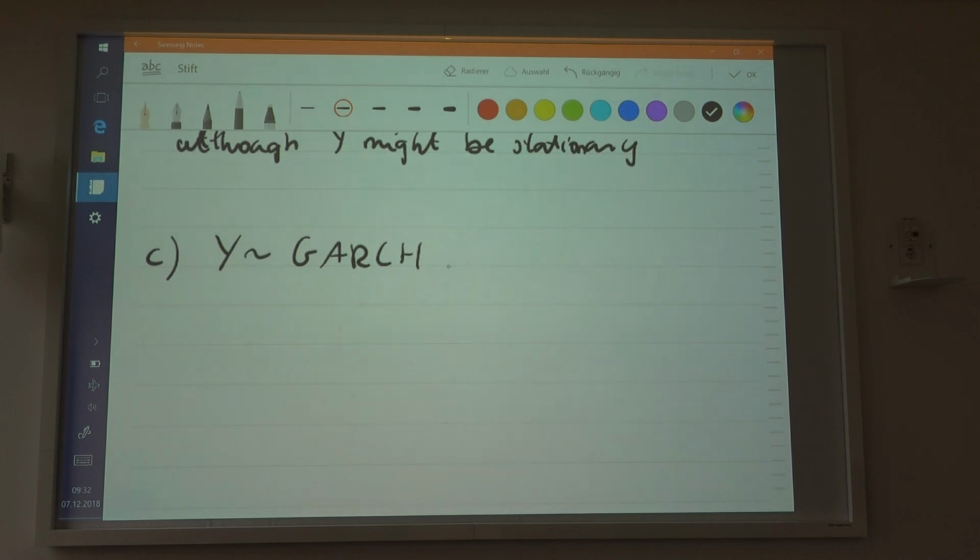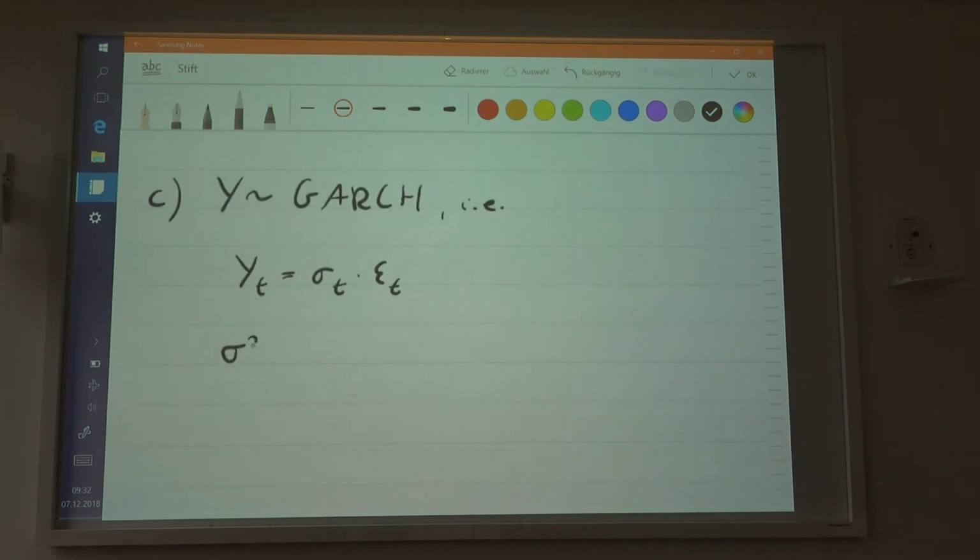Now, what does it mean that you have a GARCH model? It means that yt is equal to sigma times the noise, where sigma squared is equal to the autoregressive part, so alpha 0 plus alpha 1 times yt minus 1 squared plus and so on plus alpha q times yt minus q squared.